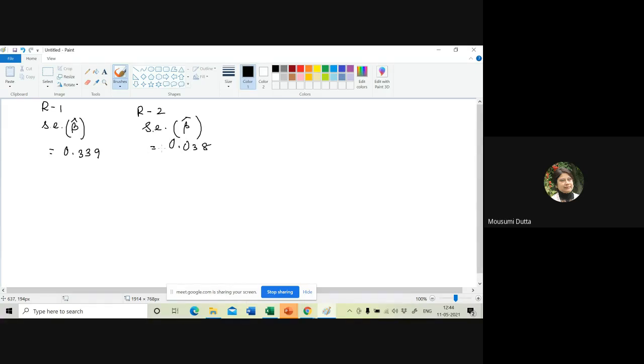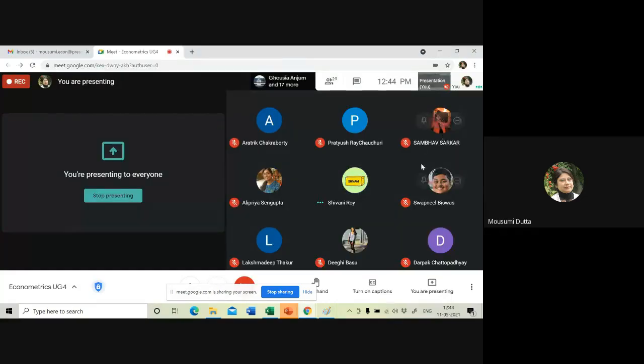Now, any guess? Why is this standard error of beta hat greater than this standard error of beta hat? Yes, Shivani. In the denominator for the standard error of beta hat, we use the summation of xi minus x bar whole square.